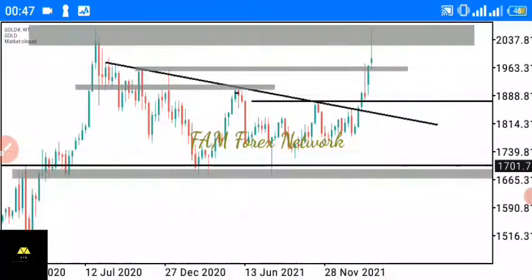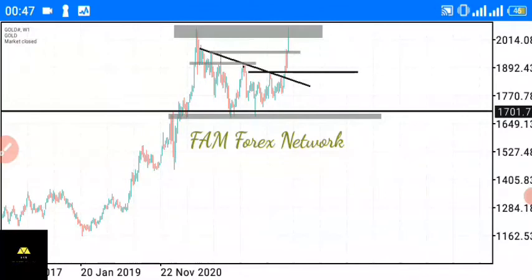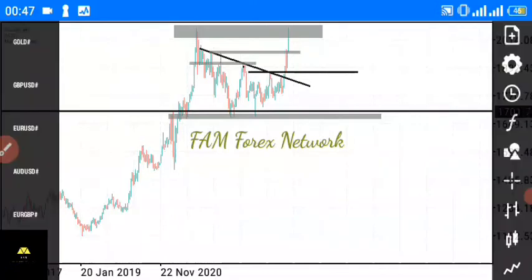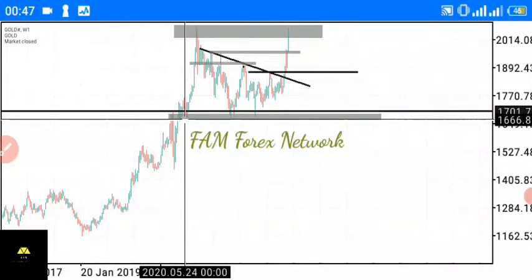So on the weekly time frame, this is what we see: gold ranging in this particular box. You can see that gold has been ranging from this particular point in 2020.